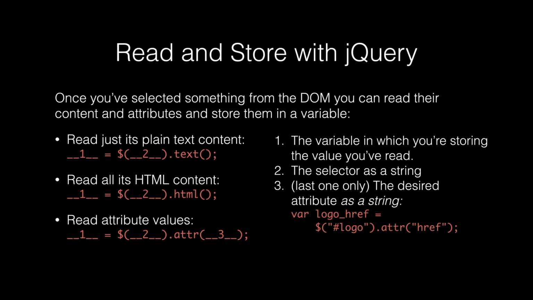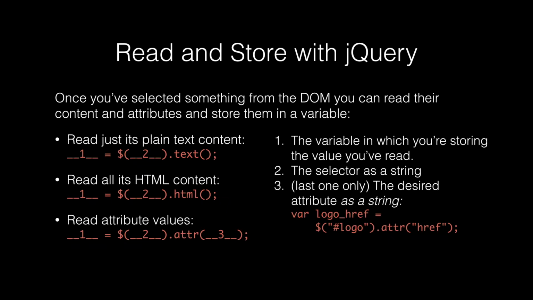On the first example, we're creating a variable and assigning to it the jQuery selection of something, and then we're going into that something and retrieving its text content. In the second bullet, we're doing the very same thing, except we're not retrieving the text content, we're retrieving its full HTML content. And the last one, we're doing something very similar. We're now retrieving an attribute.